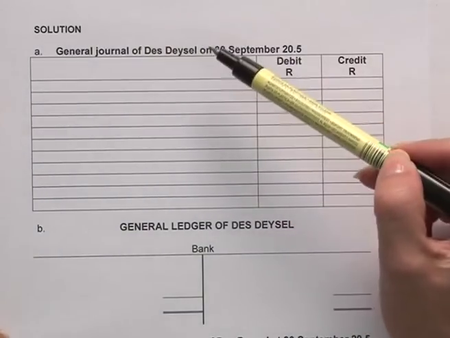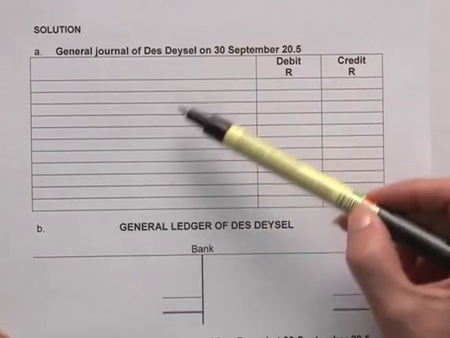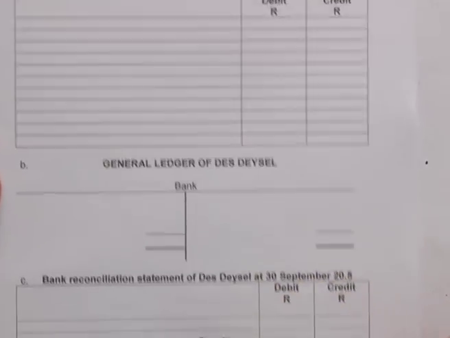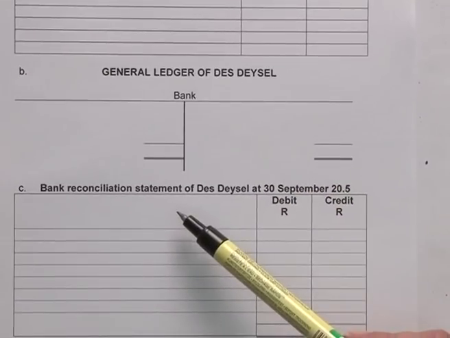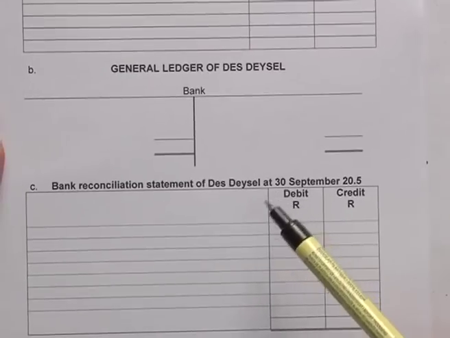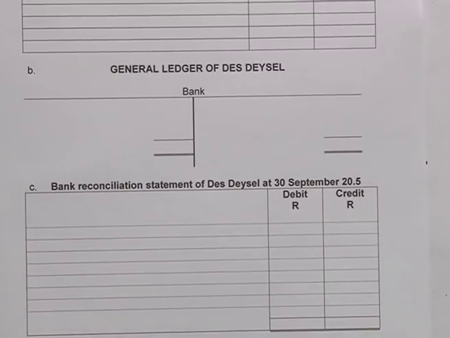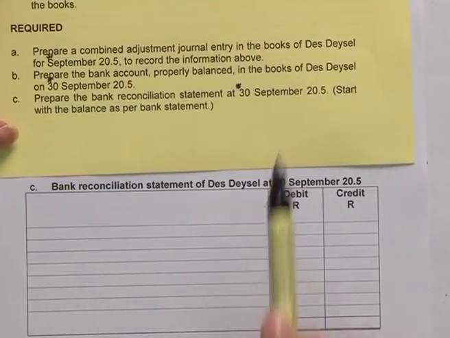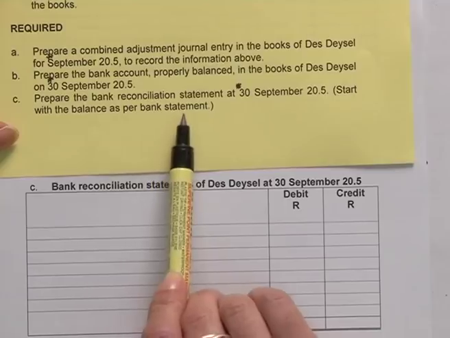So we've got the general journal. Following on the general journal, we've got the bank account of Deysel in the general ledger. And then lastly, we've got the bank reconciliation statement of Deysel at 30 September. Now, they told me in the required part that we can start this bank reconciliation statement with the balance as per bank statement.